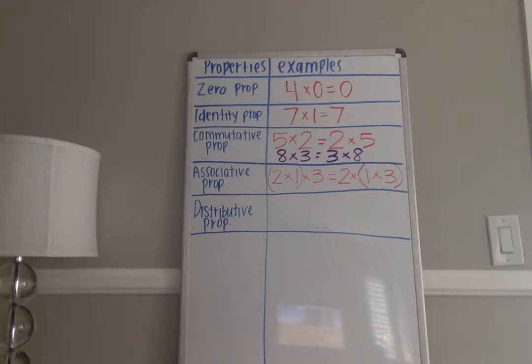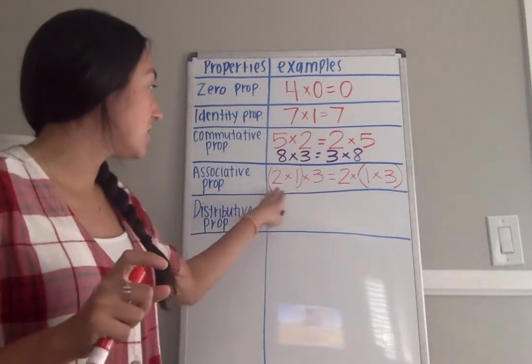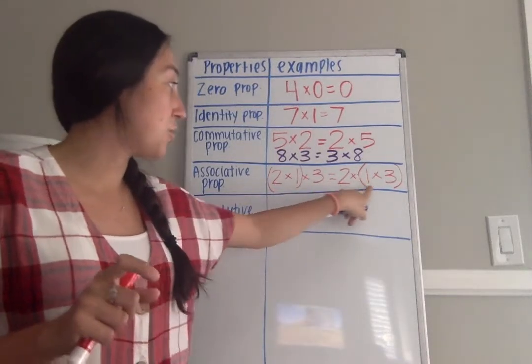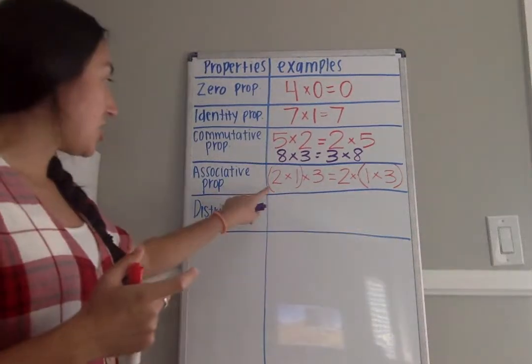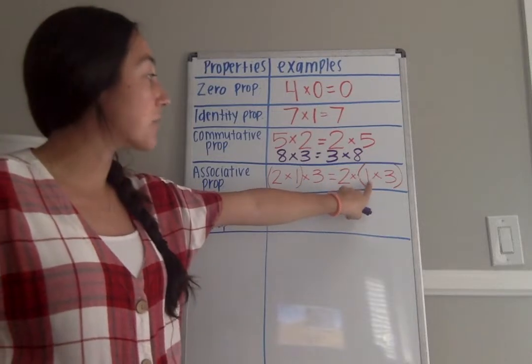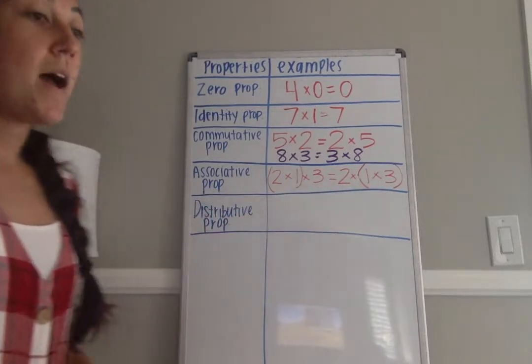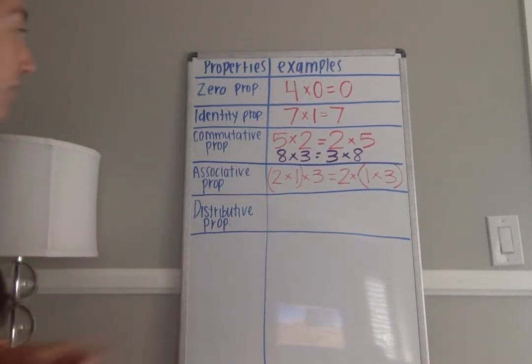So the associative property is the same numbers on both sides of the equation, so 2, 1, 3, 2, 1, 3. The order in the parentheses just changes. So you'll see here I have it around 2 and 1, and here I have it around 1 and 3. But remember, again, like I said, parentheses tell you that that is what you need to multiply first.